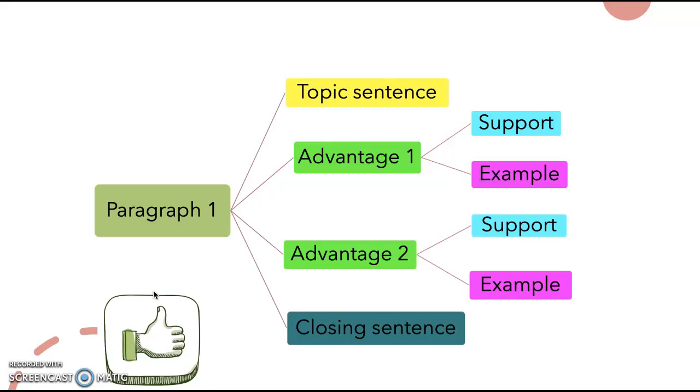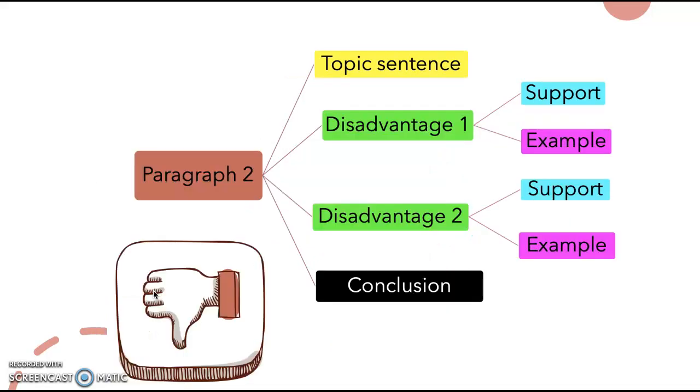In the second paragraph, we're gonna present the disadvantages. So again, you're going to write a topic sentence. In this case, you're gonna specify that this paragraph is about disadvantages. You present the first disadvantage with its corresponding support and example, followed by the disadvantage number 2 with the support and example, and at the end we are going to have a conclusion.